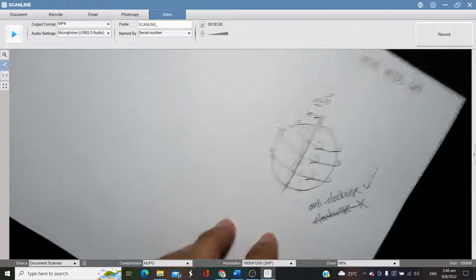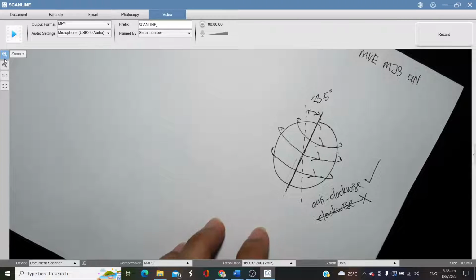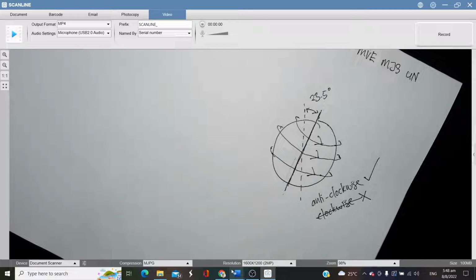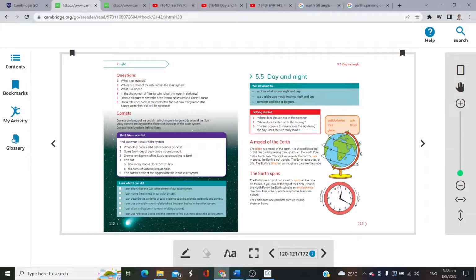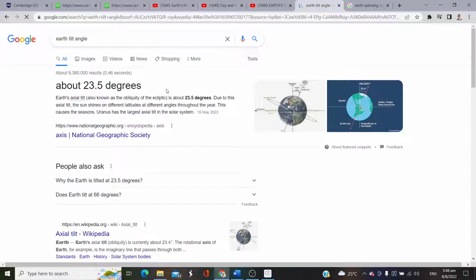If you are at home, maybe you can Google also. Tilt angle. See here, Earth tilt angle is about 23.5 degrees. But this angle can change over thousands of years. But that is a different story. So for now, you just need to know that the Earth is tilting a bit, about 23.5 degrees, right?